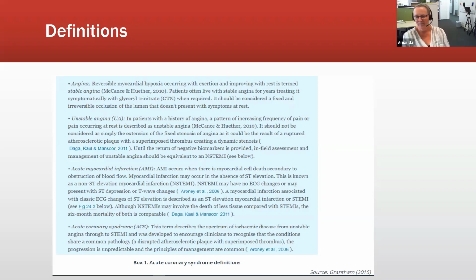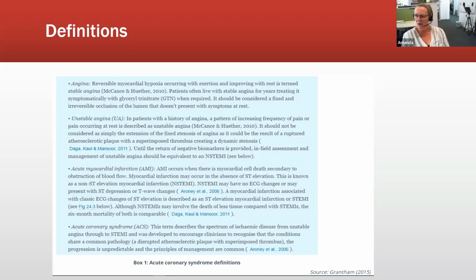Cardiac chest pain, ED. Unstable angina is a progression of angina. Patients would have had a history of angina, but then, instead of pain on exertion or undue stress, the pain can come at any time, more frequently, and at rest.